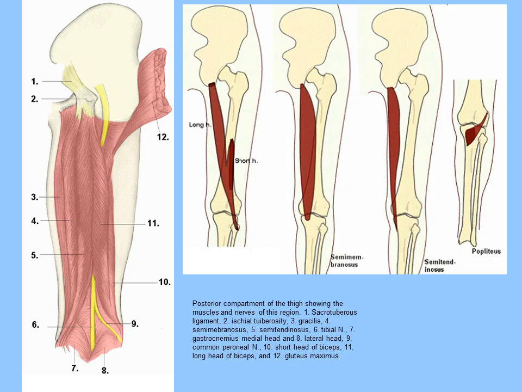The popliteus is said to unlock the knee by initiating internal rotation of the tibia during gait as we go from full extension to flexion. The popliteus therefore unlocks the knee by creating the internal rotation that makes flexion of the knee possible.